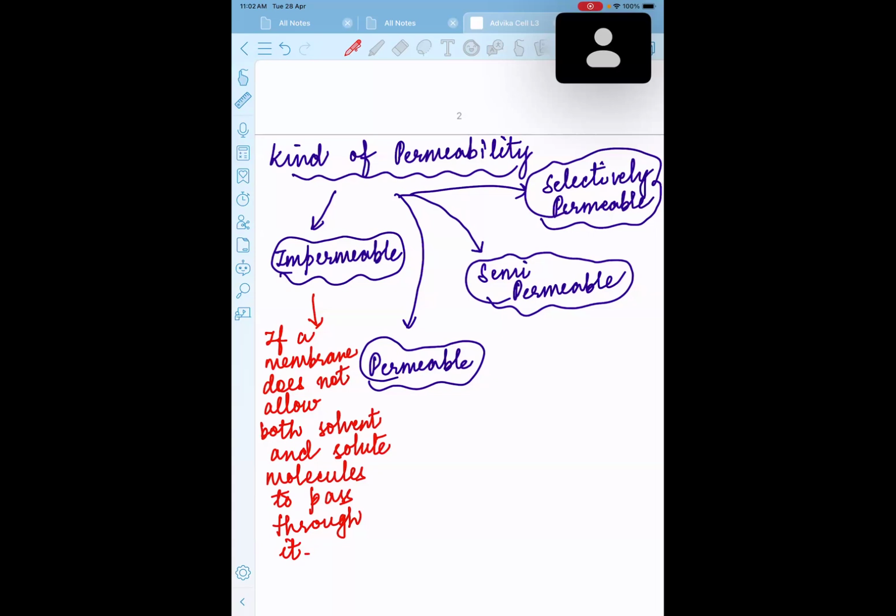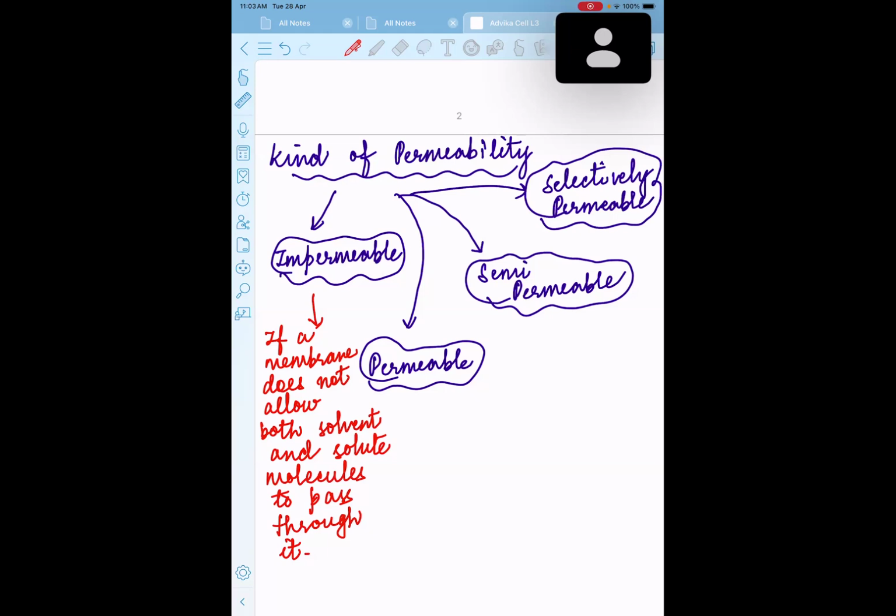Suppose I want to mix sugar in the water. Sugar is the solute, whereas the component in which I dissolve it is the solvent. So water is the solvent, whereas sugar is the solute. Solvents are the substances that dissolve another substance, and solutes are the substances which get dissolved in it. Clear? Yeah.